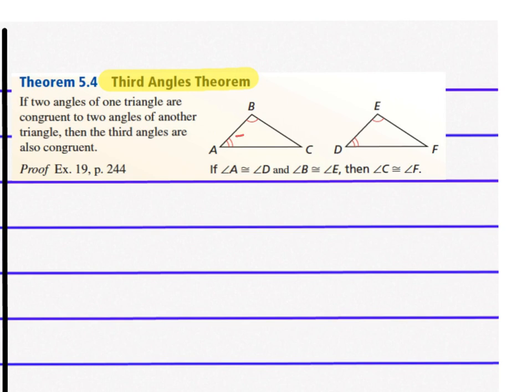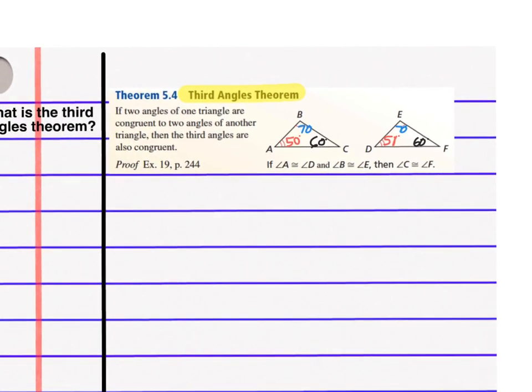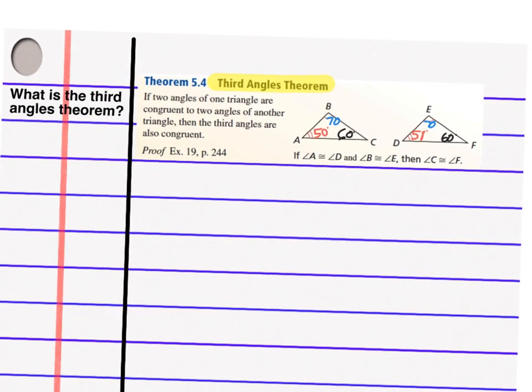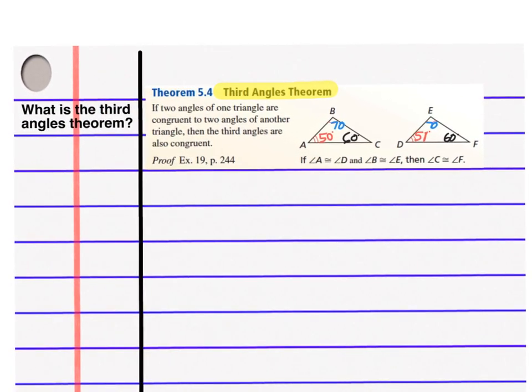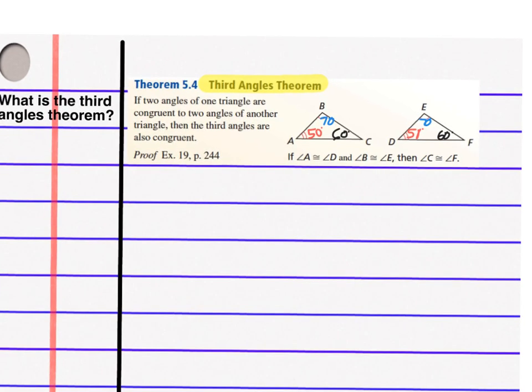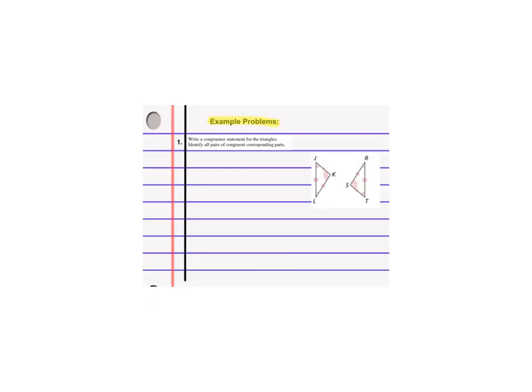If A is 50 and D is 50, and B is 70 and E is 70, then we can conclude that these angles are congruent because every triangle has 180 degrees, so those would both have to be 60. If you know 2 of the angles are congruent, then you also know all 3. That is what the third angle theorem is saying. Pause the video if you need more time for that.